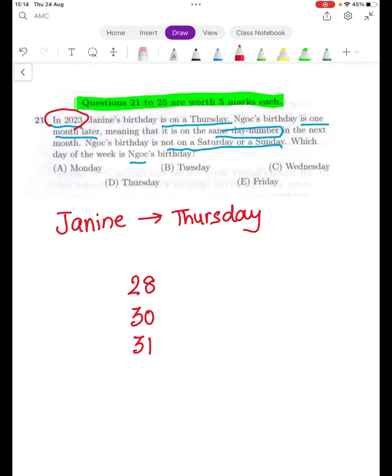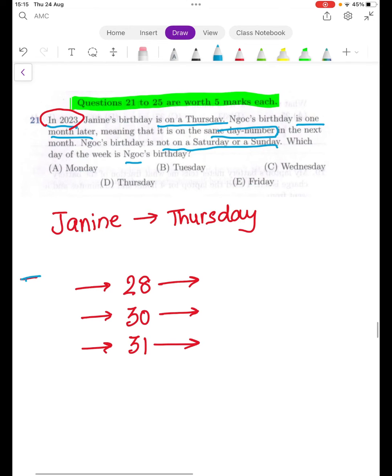And because the birthdays are exactly 1 month apart, the same date, between Janine's birthday and Knox's birthday there can be exactly 28 days or 30 days or 31 days, depending on which month they are talking about, but we don't know. Let's see the options. We always start with Thursday because we know Janine's birthday is on a Thursday.